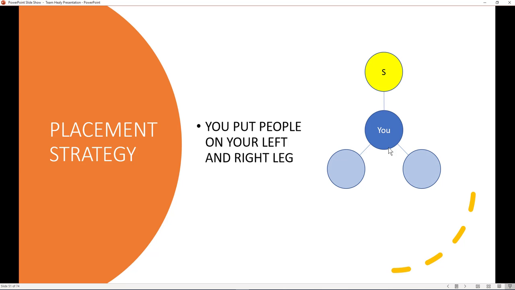You put people on your left or right leg, and that's at your discretion. There is an automated feature, but we recommend that you not use that. What's going to happen when you enroll somebody is they're going to be put into a holding tank, and then you decide whether they go on your left or your right side.